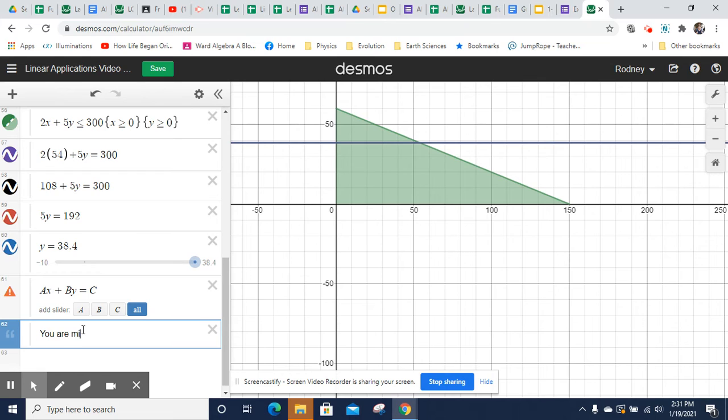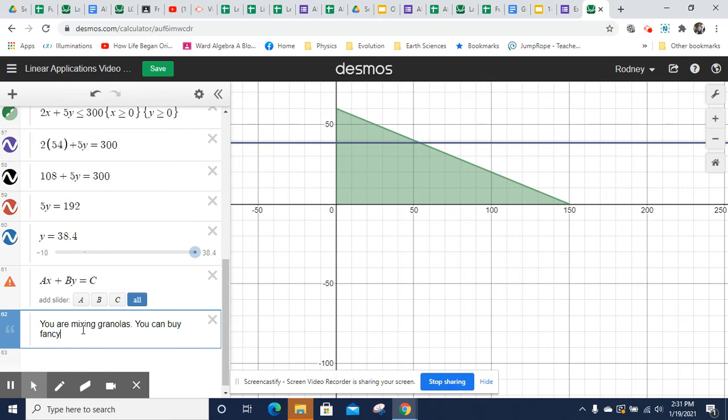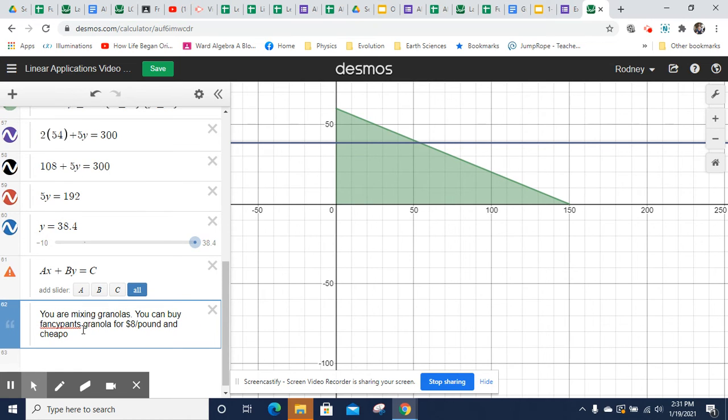You can buy Fancy Pants granola for $8 per pound, and cheapo Hardbola granola for, we'll say, $1.50 per pound.